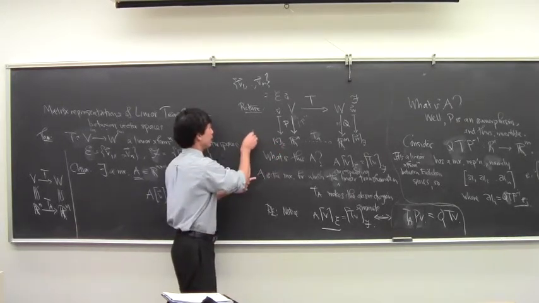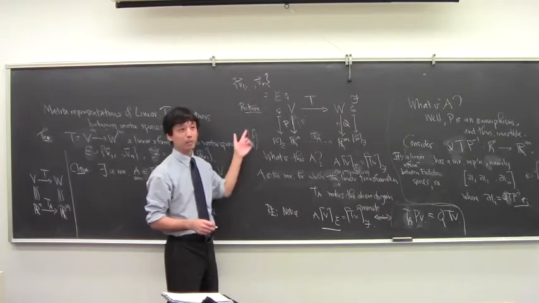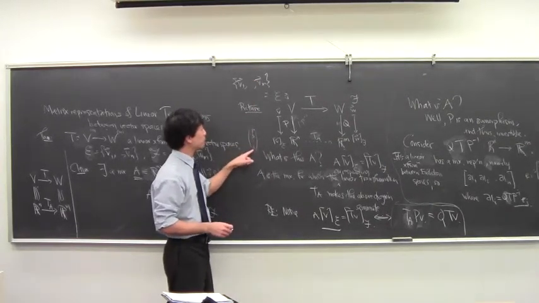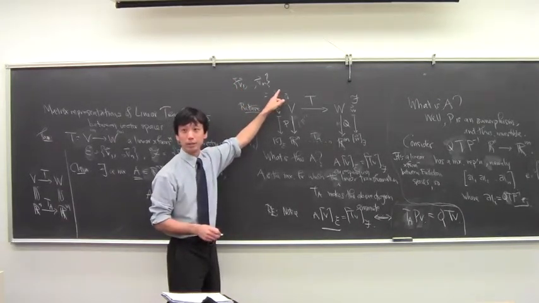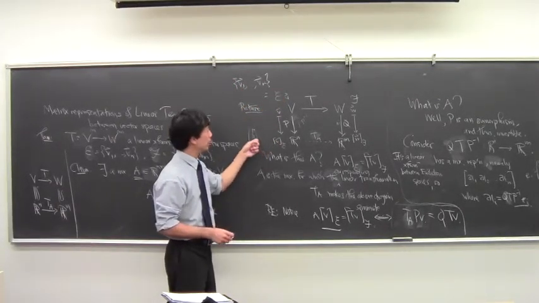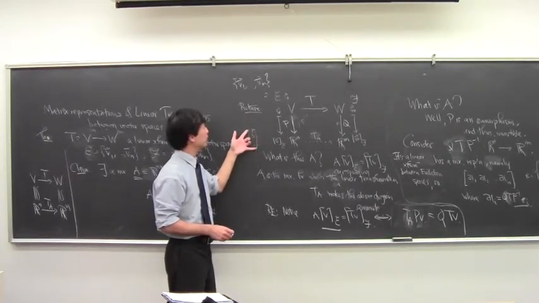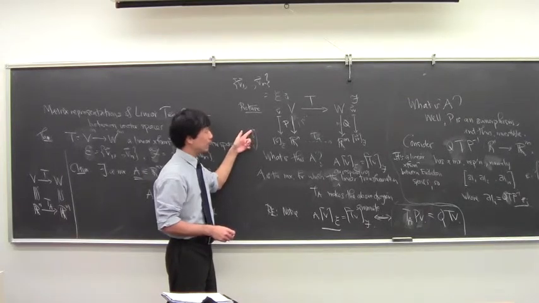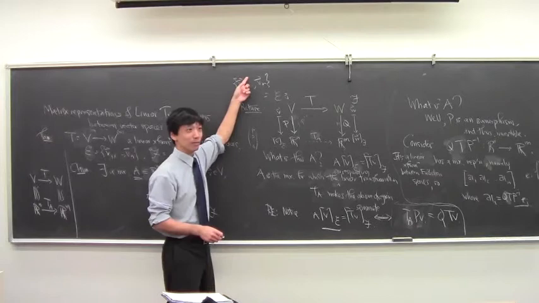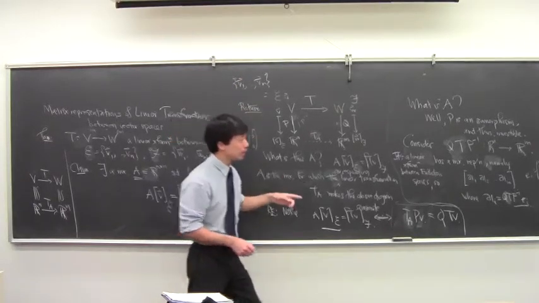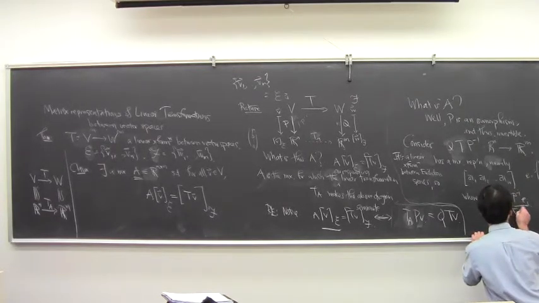You give me these coordinates, and I'm going to reconstruct something up here based on those coordinates. So if you give me 1, 0, 0, 0, 0, 0, I'm going to take 1 of the first guy and 0 of the other guys. So P inverse of E_i is going to be V_i. P inverse E1 is V1, P inverse E2 is V2, etc. P inverse of E_i is V_i.